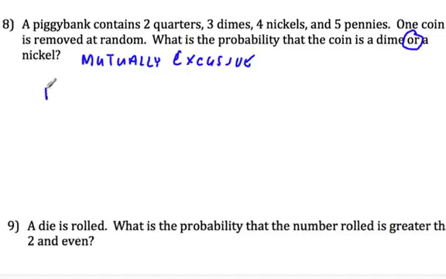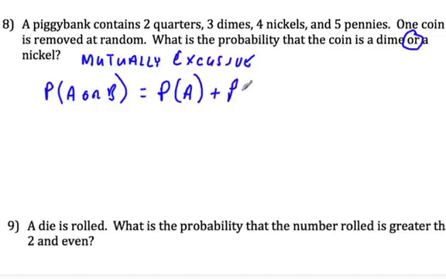So the probability of A or B, for mutually exclusive events, is the probability of A plus the probability of B, which is equal to, now we've got 3 dimes, 4 nickels, 2 quarters, and 5 pennies, so a total of 14 coins.